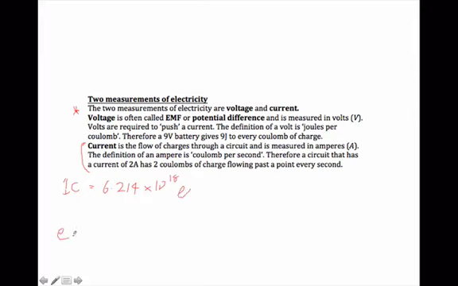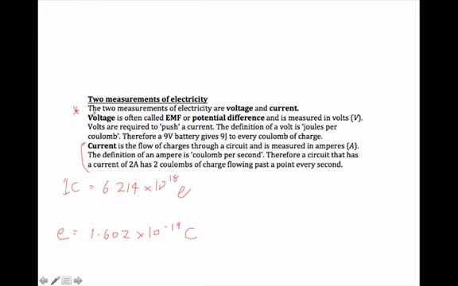So that is how many electrons are in 1 coulomb of charge. So therefore the inverse of that is 1.602 times 10 to the minus 19 coulombs. So it's that many electrons make up 1 coulomb of charge, and therefore the charge of an electron is that much of a coulomb.